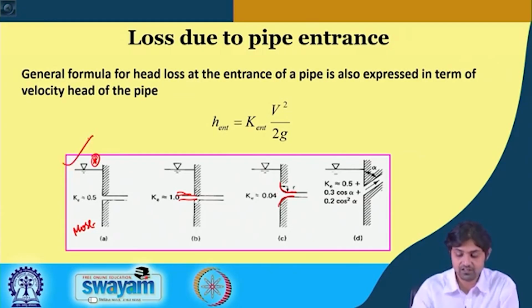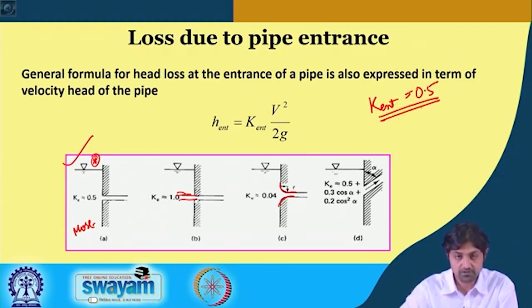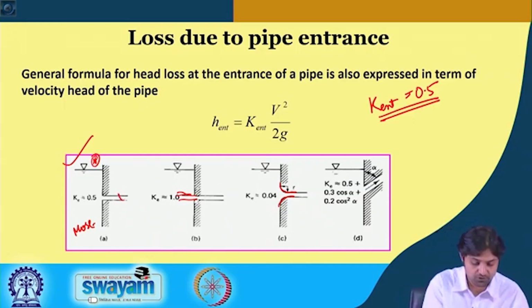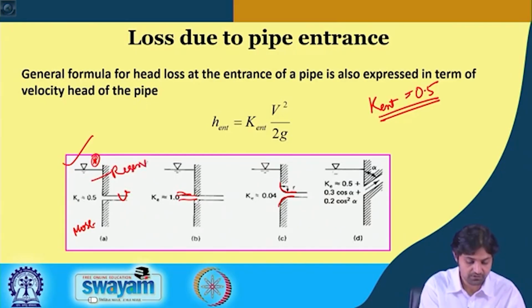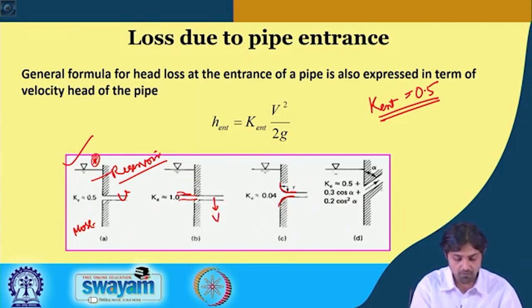So K entrance you have to remember, if nothing else is given, is 0.5, and V square, of course V should be calculated here because this is a reservoir. In a reservoir there would be very little velocity, so velocity should be taken here.